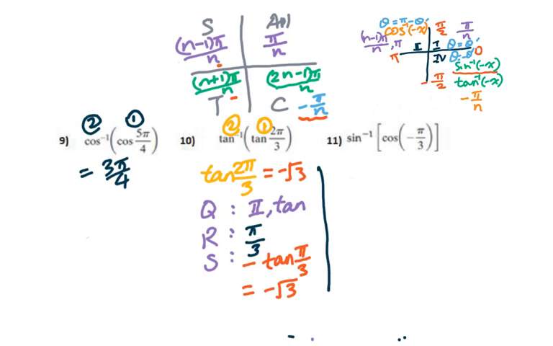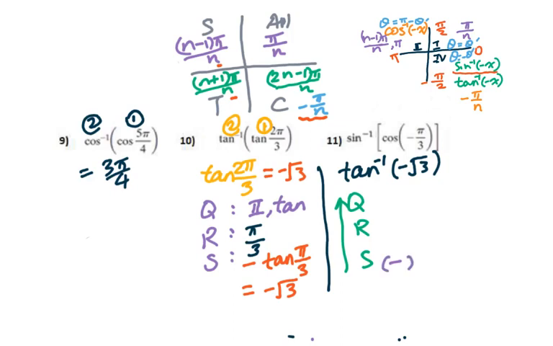Then I go to the second step. I need to figure out inverse tangent of negative square root of 3 now. We go to QRS, do it backwards. Sign will be negative. That's the domain of inverse tangent. Then for the quadrant, definitely you need to go to the fourth quadrant, then this pattern.